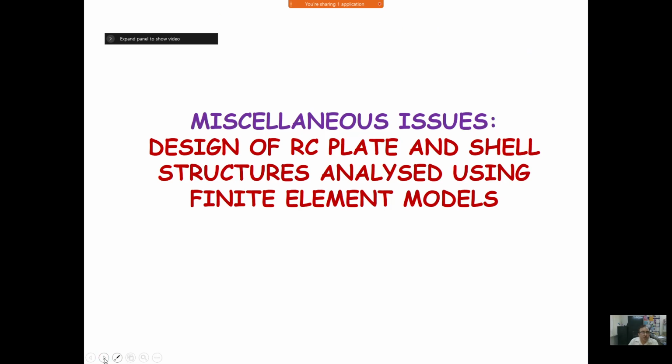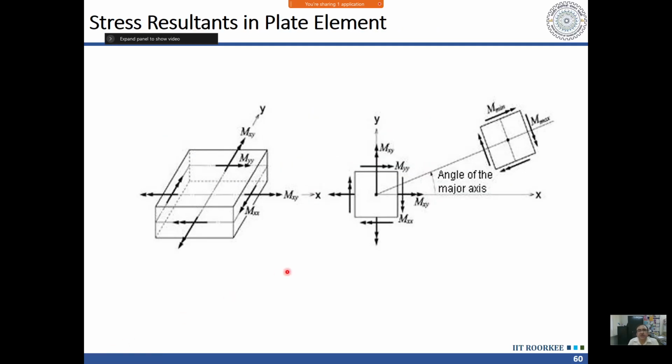Then one more thing I wanted to discuss, that is designing RCC components using finite element analysis. So many times, for modeling the foundation or the abutment or the superstructure, we use shell elements. And a shell element, if we look at the stress resultants, gives us not only moment but a torsional component also.